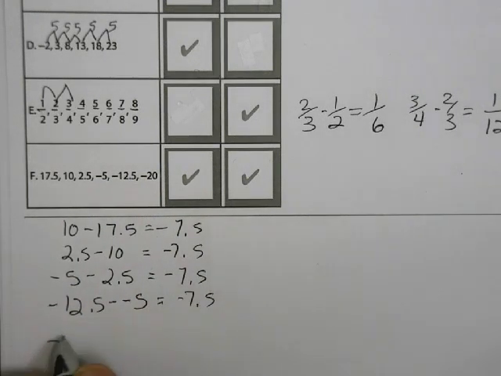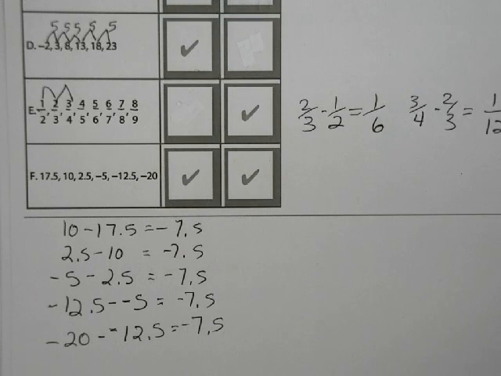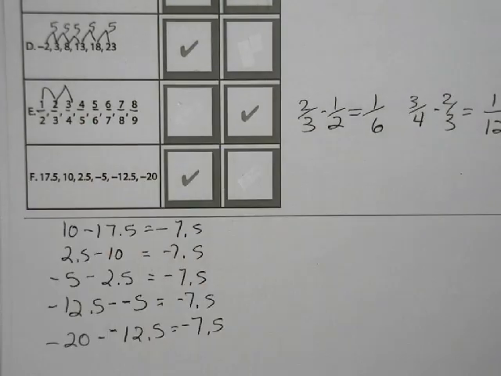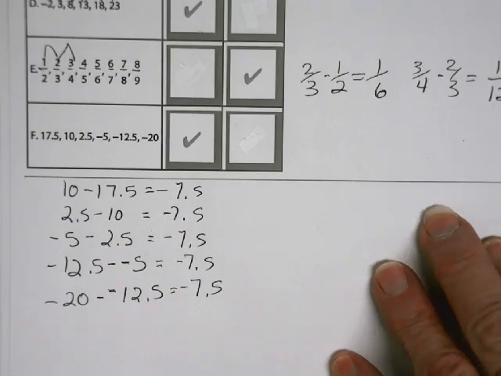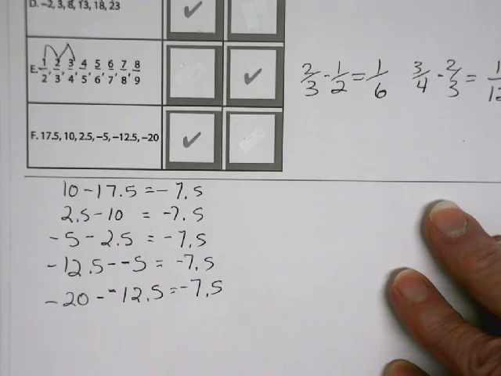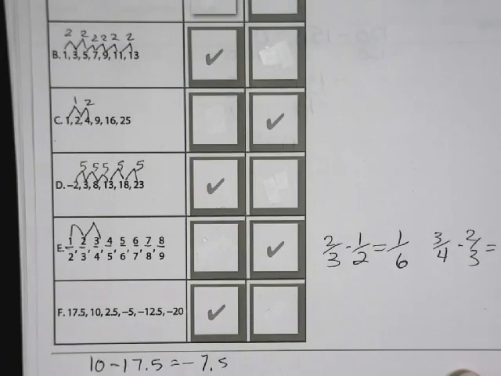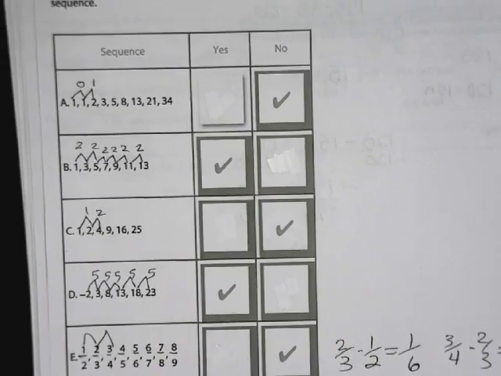Minus a negative 5 is a negative 7.5. Negative 20 minus a negative 12.5 is a negative 7.5. This one, yes. You have observed 3 of each, right?